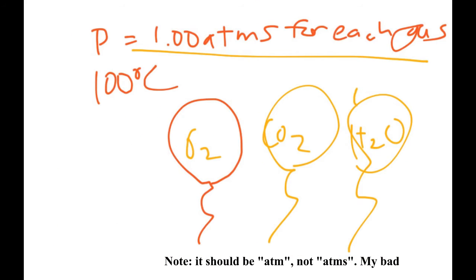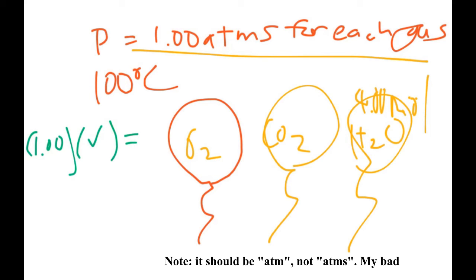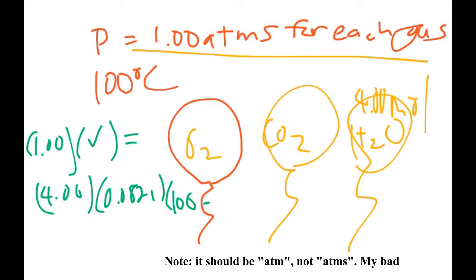So let's write that: 4.00 moles of H2O at the end of the reaction. So knowing this, we can calculate the volume because we essentially have P, T, and n. So doing PV equals nRT, we get 1.00 times the volume, which we don't know, is equal to 4.00 times R, 0.0821, times the T, which is 100 plus 273.15.